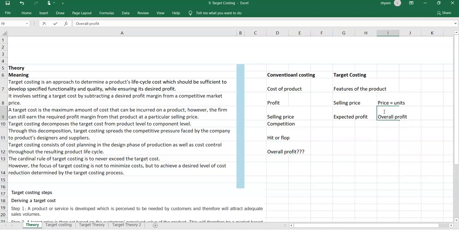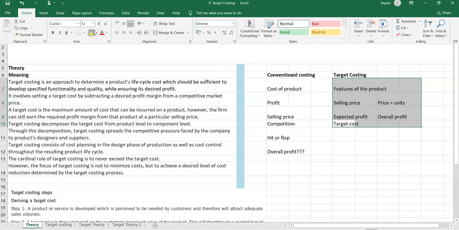So they are absolutely certain about the overall profit. From here they find out what the target cost should be. Up to this level, they are considering things from the customer angle.